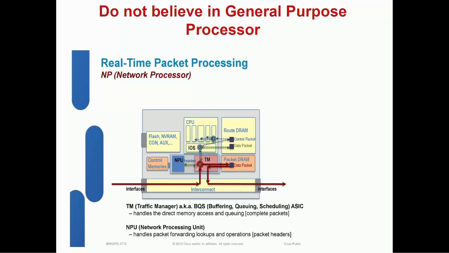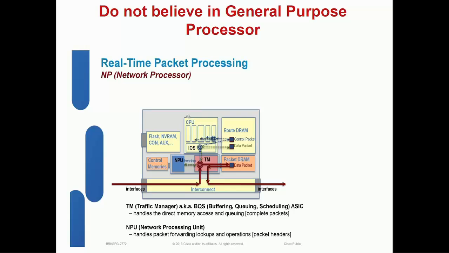So, what they did was they put a network processor here, okay. So, they call it the network processing unit. We will see what goes inside later, but at the highest level let us see what they are doing. So, this did a traffic manager, okay, and this handles the direct memory access and queuing of complete packets, okay. And then the network processing units looked at the forwarding lookups and operations.